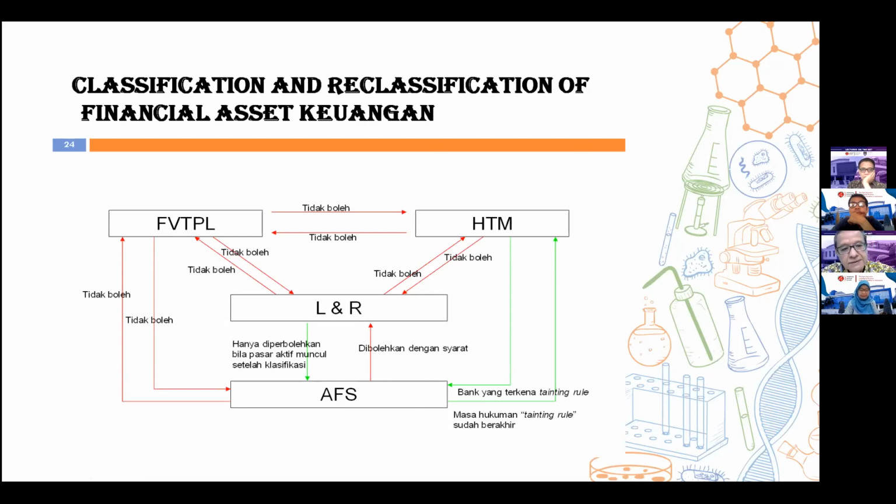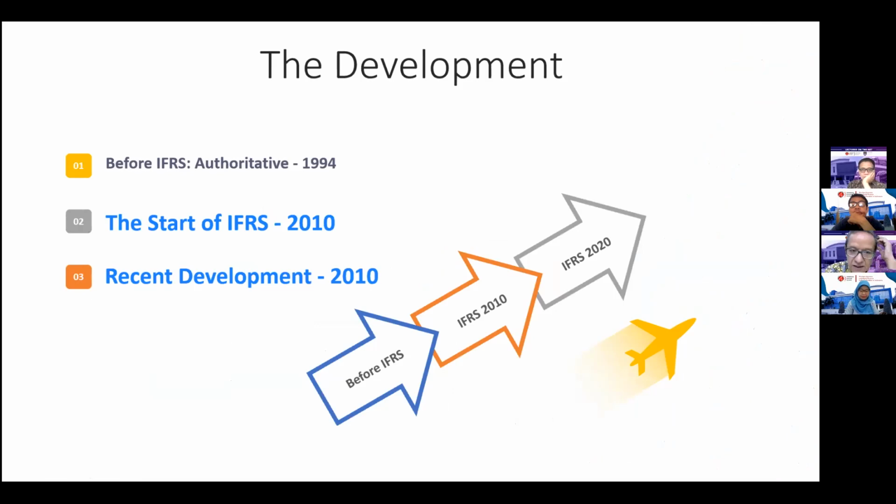Then before 2010 in Indonesia, the accounting standard for financial assets was governed by the regulator, that is the central bank at the time. They had authority to regulate the reporting form, yeah, to the central bank.